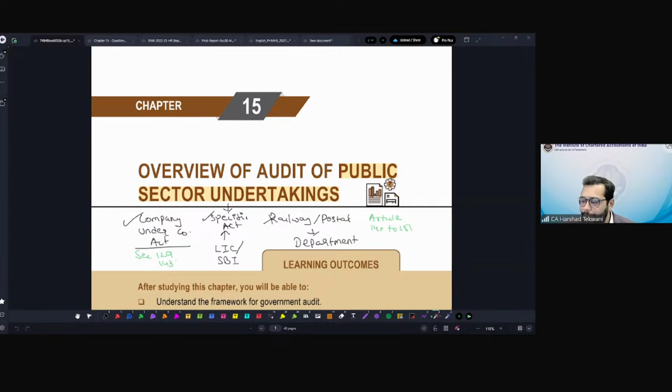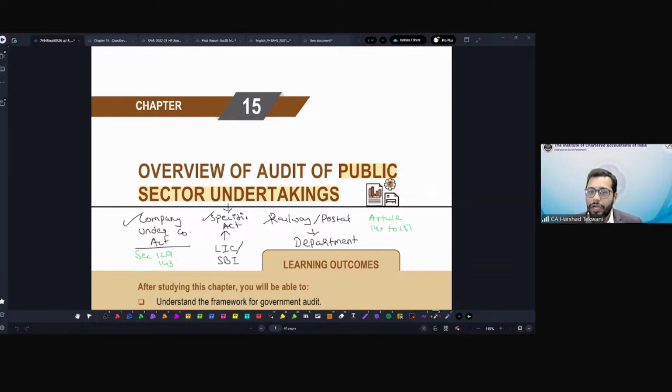For example, SEBI regulations require you to do a compliance audit. There are also different kinds of audits other than the annual audit under SEBI regulations and RBI regulations. Just now we saw there's a separate reporting on a category-wise basis, category A, category B, which is submitted to the board of directors. Similarly, in public sector undertakings you have different reports.